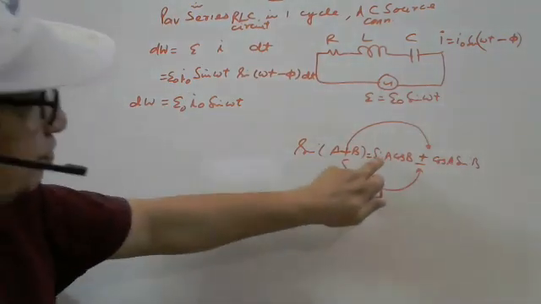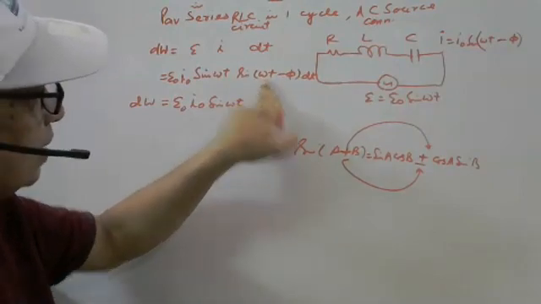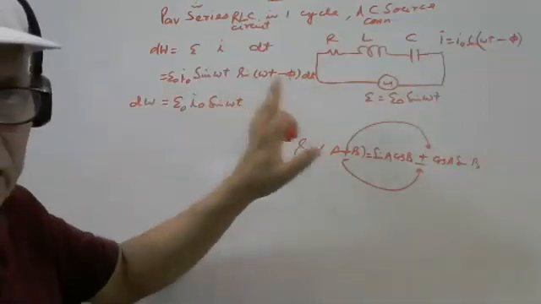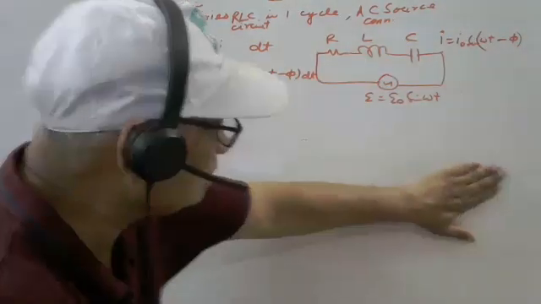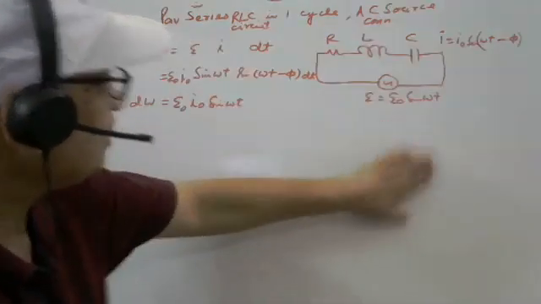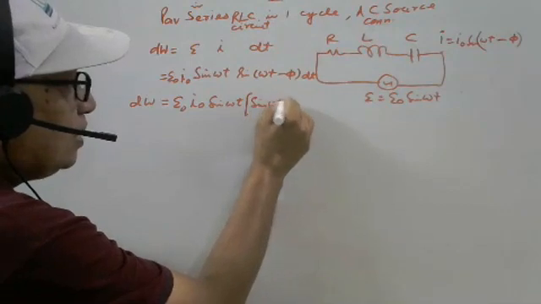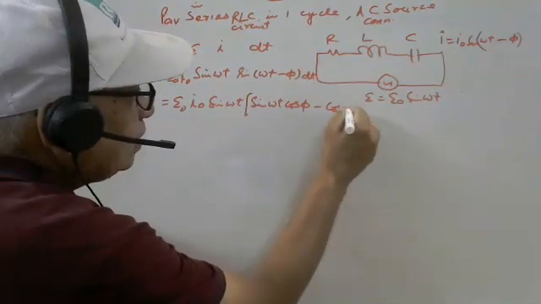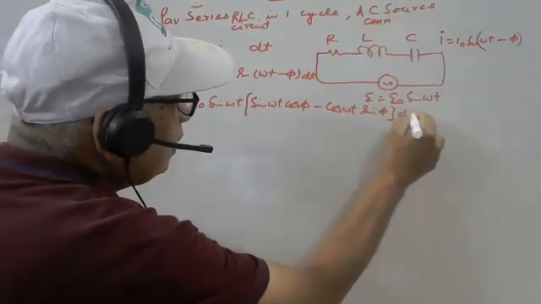Using this trigonometry formula, we are opening sin A minus B. A is omega t, B is phi. So sin A cos B minus cos A sin B: sin omega t cos phi minus cos omega t sin phi, dt.